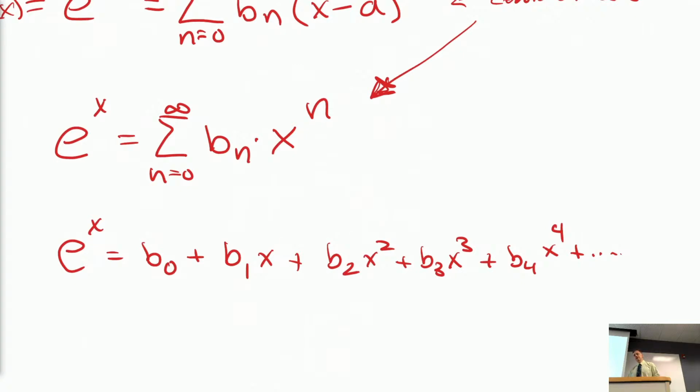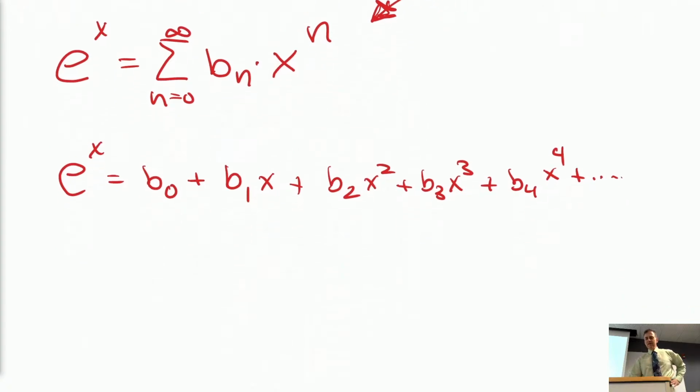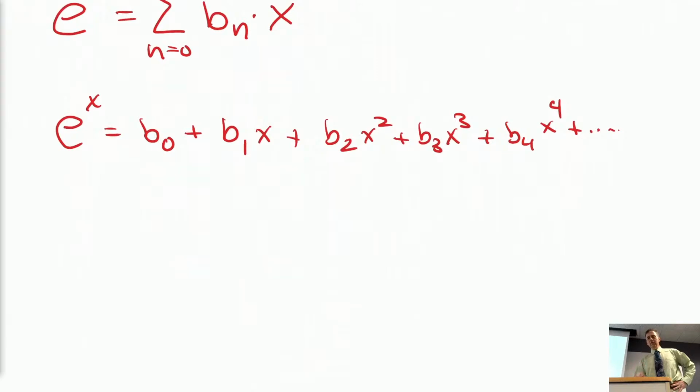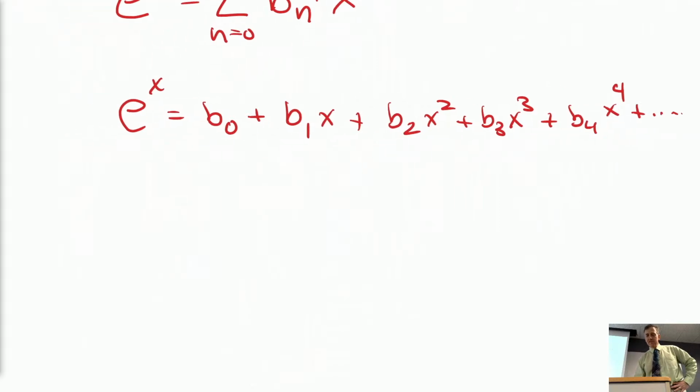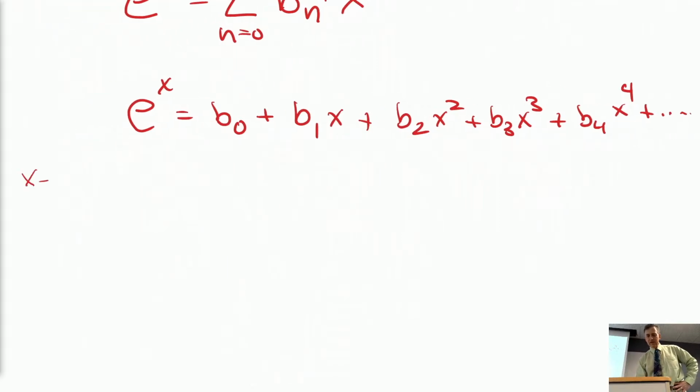So here's my hint, and that is that if you pick a value for x, if this was true, it's going to be true for every value of x. If this function is equal to this function, it'll be true for every value of x in the interval of convergence. And we'll get to that in a bit. But in particular, this will be true for x equals 0.